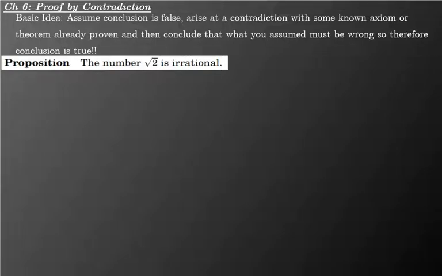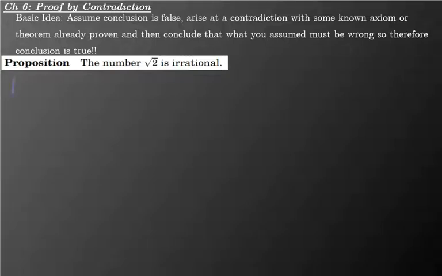This is a very good problem, and a lot of you could probably solve it without me walking you through it. See if you can arrive at a contradiction, which would imply that what we assumed must be wrong, and therefore the conclusion is true. But this is how you do it.